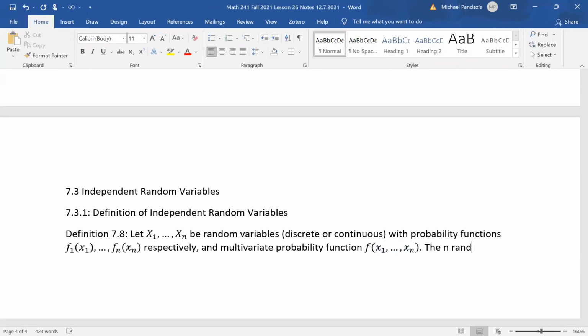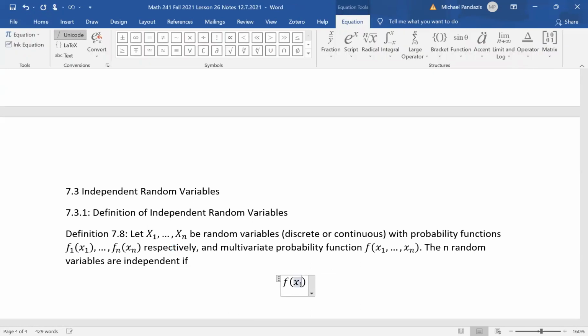The n random variables are independent if f of x1 comma ... comma xn is equal to f1 of x1 times f2 of x2 times ... times fn of xn.